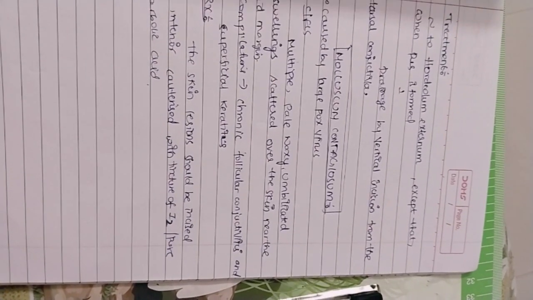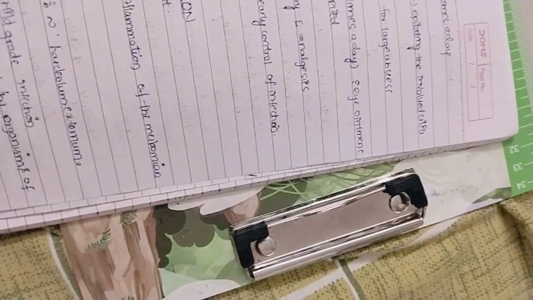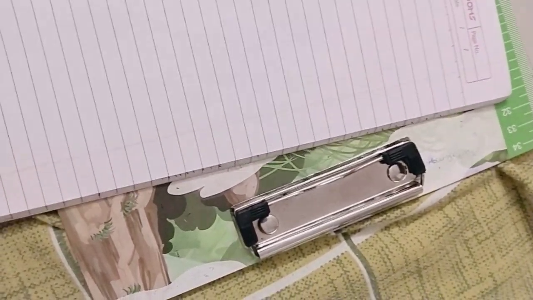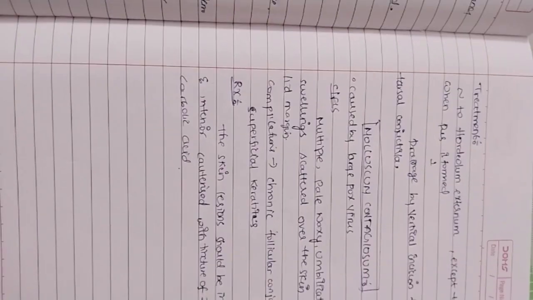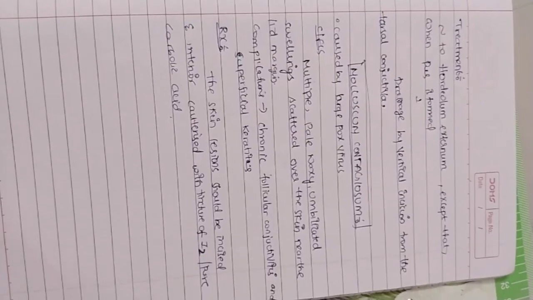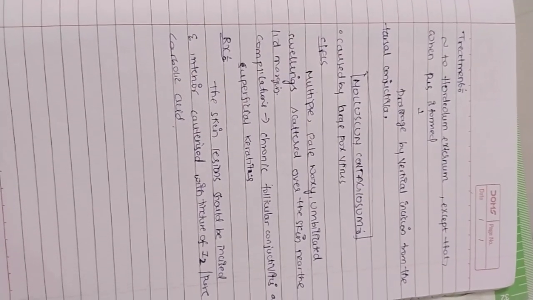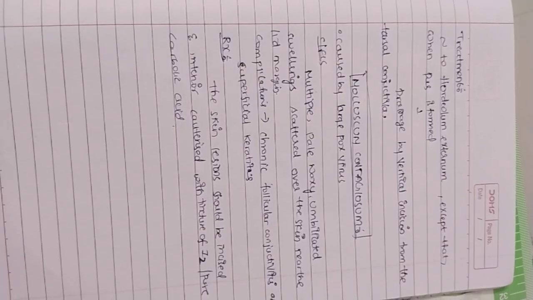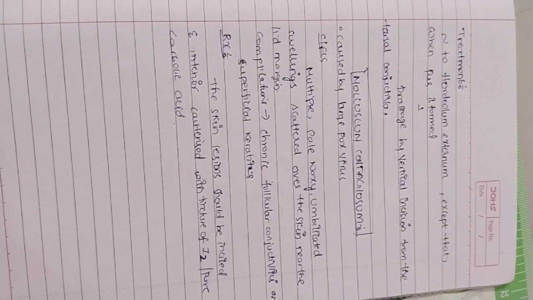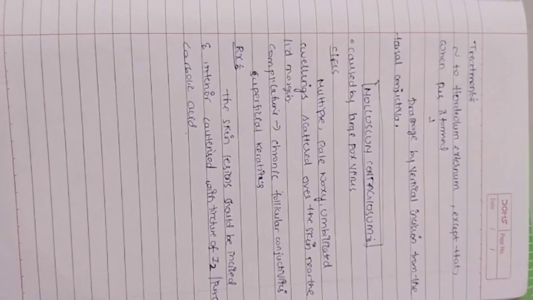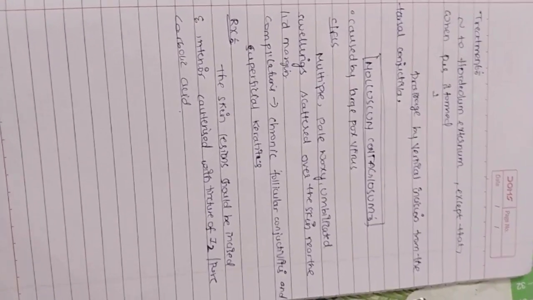For hordeolum externum, what we did was conservative treatment like hot compresses, antibiotic eye drops, systemic anti-inflammatory drugs, aspirin. You may also be confused, right? So for external hordeolum, we give antibiotics and conservative treatment like hot compresses. Drainage by vertical incision from the tarsal conjunctiva.